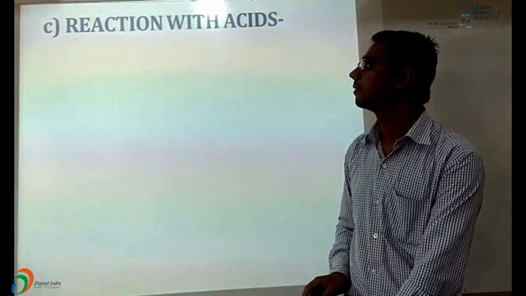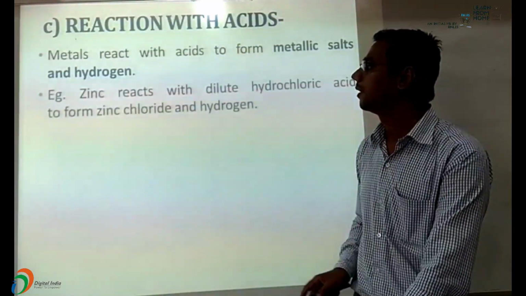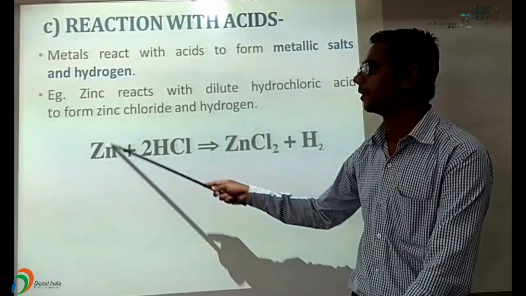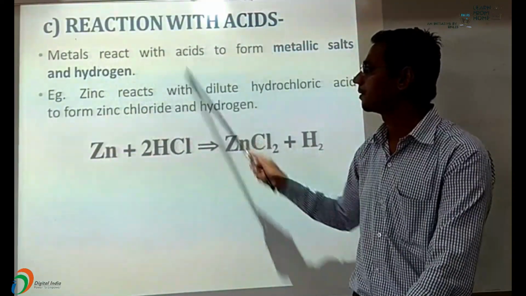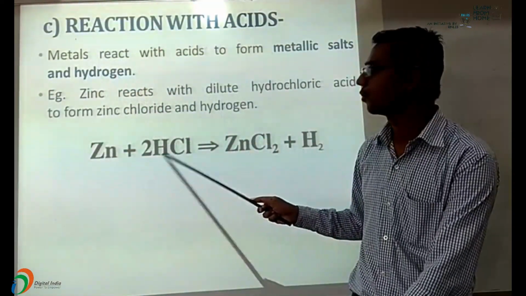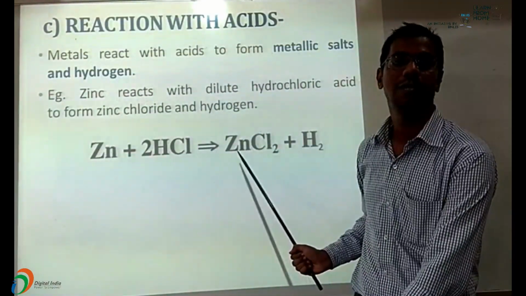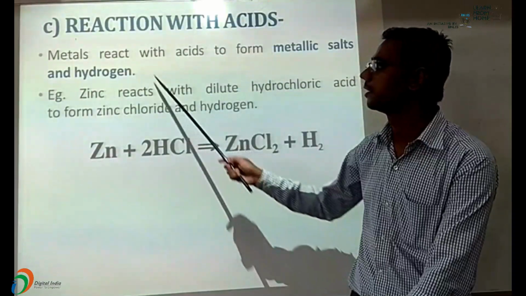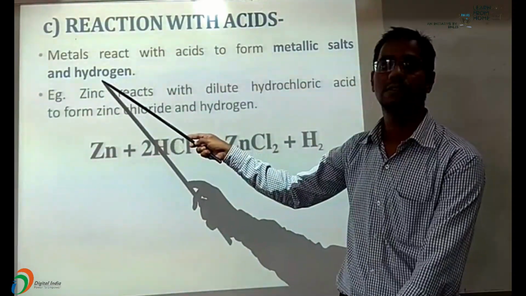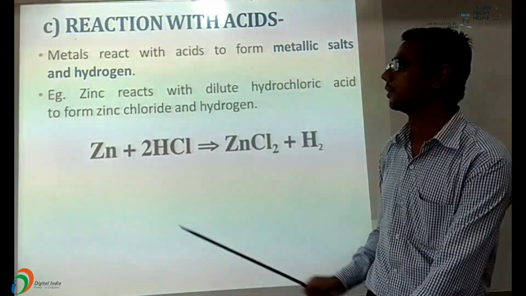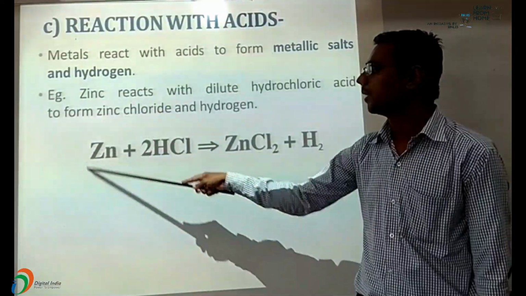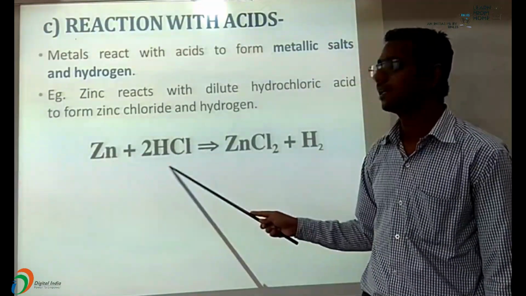Reaction with acids. See, this is a metal. Metal reacts with acid. This is the acid, hydrochloric acid, to form a metallic salt. This is a metallic salt, zinc chloride. Plus which gas is evolved? Hydrogen gas is evolved. You can see here, a metal reacts with acid HCl, or any acid.